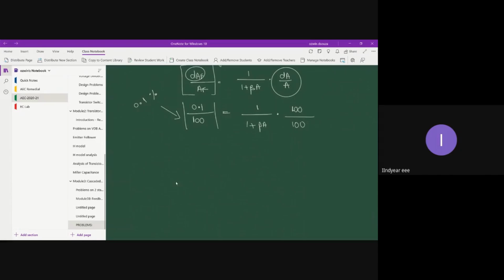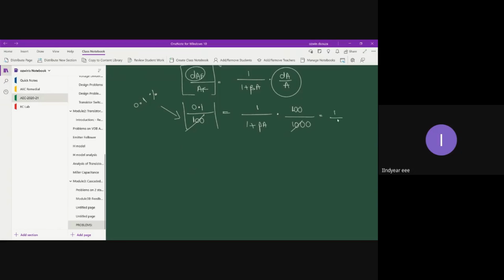So you need to simplify. When you simplify, this gets cancelled, and when you cross multiply, you get 1000, sorry, so 100, and here 10 is remaining.